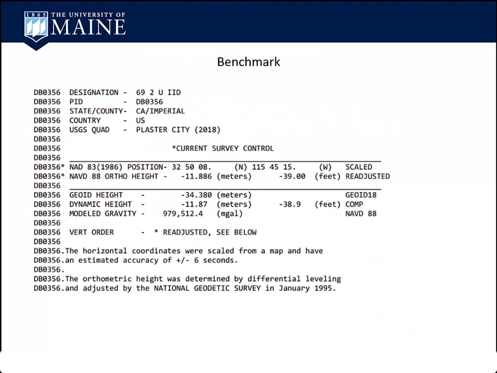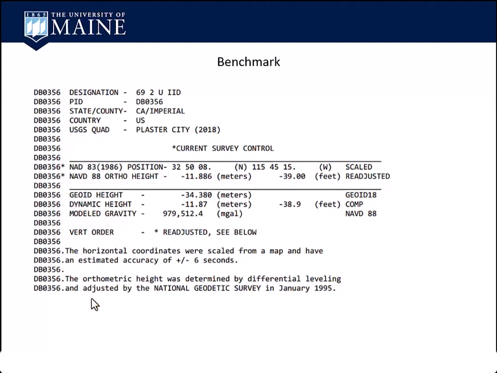So this is a benchmark sheet from NGS. You go online and you say, I need vertical control. There'll be a million of these, but if you're doing leveling, you want to look for something that says the orthometric height was determined by differential leveling.